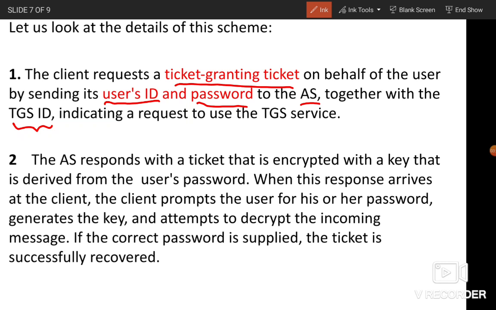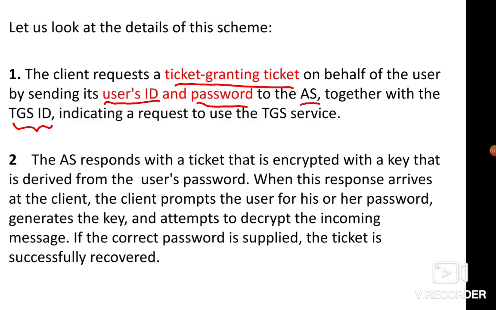So before obtaining a ticket granting ticket, I have to send a request to the authentication server. I have to give my user ID and the password for verification. The authentication server verifies my request. If my request is legitimate, it sends me a ticket granting ticket.